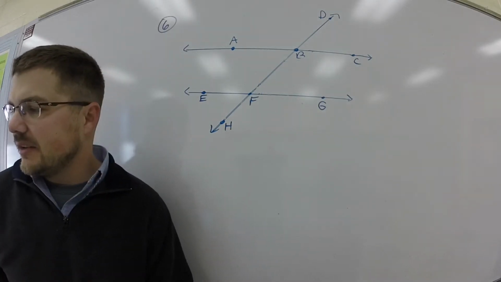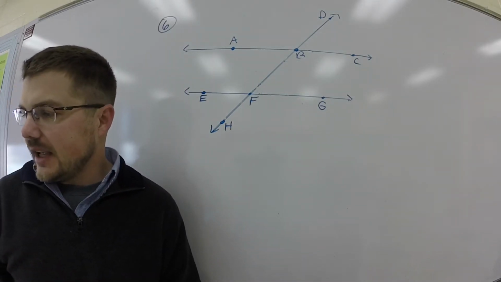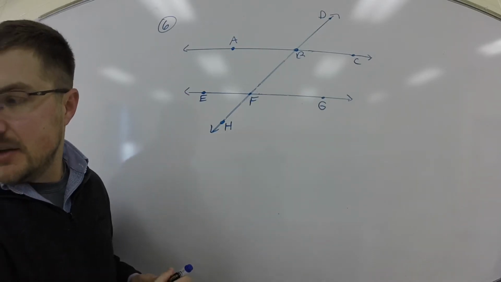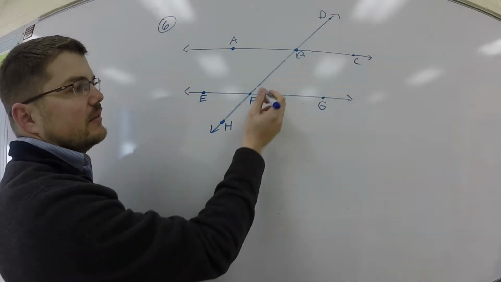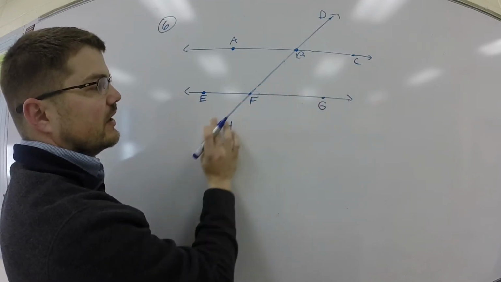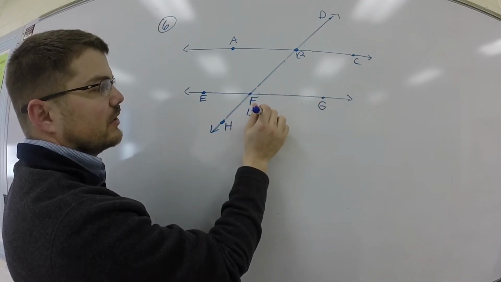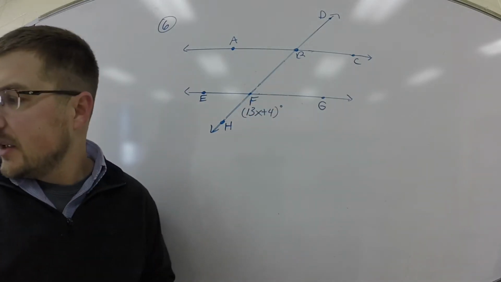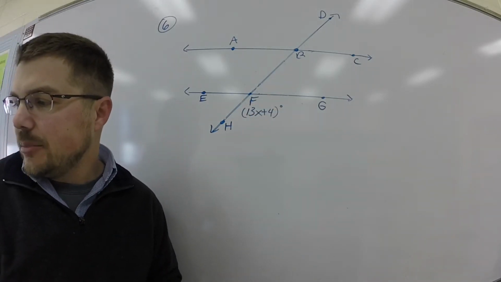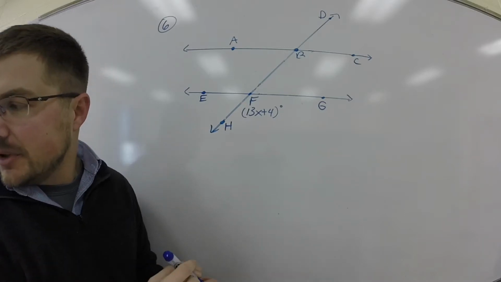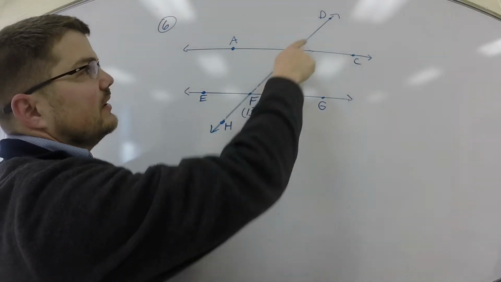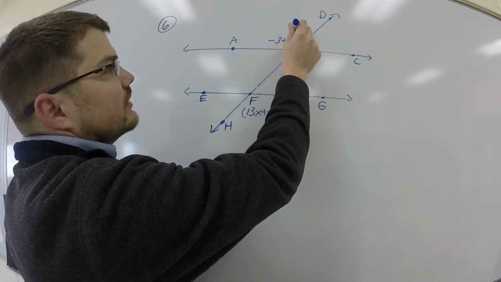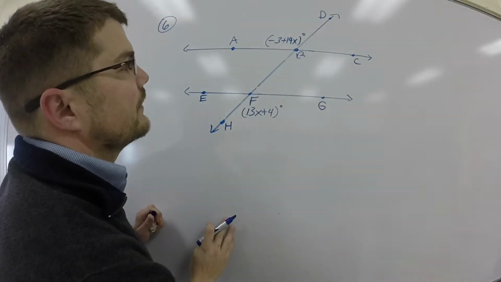Number six says if the measure of angle GFH is 13x plus 4 degrees, let's write that in. GFH is 13x plus 4 degrees, and angle ABD is negative 3 plus 14x degrees.